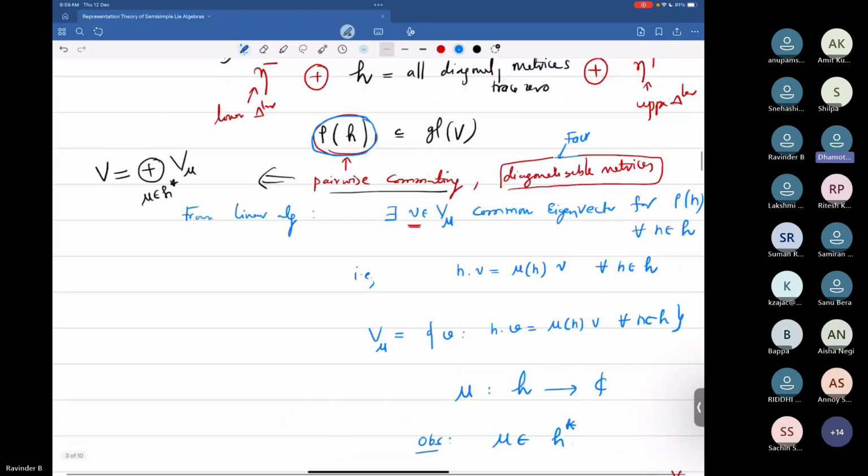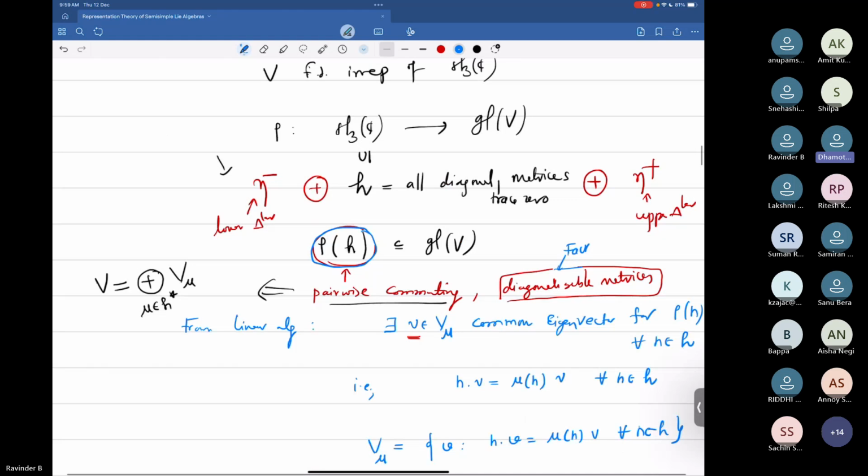Actually, it is true for any representation, but the thing is, semi-simplicity is needed. The Lie algebra is semi-simple. There you can talk about nilpotent elements and diagonalizable elements.